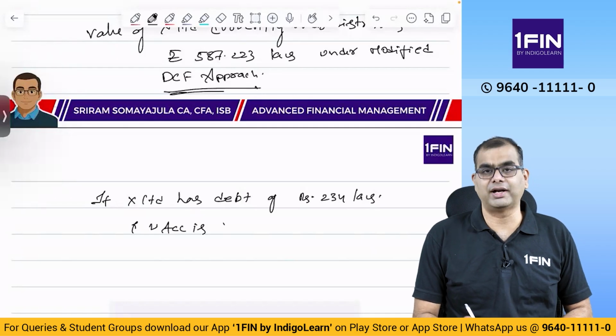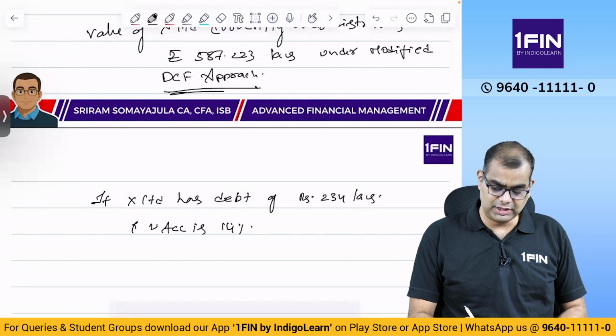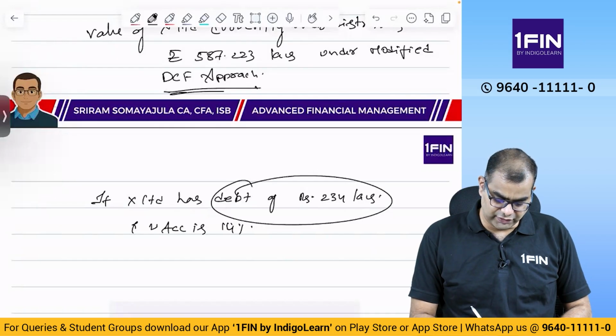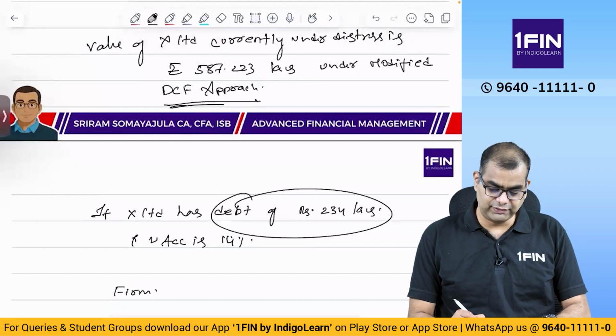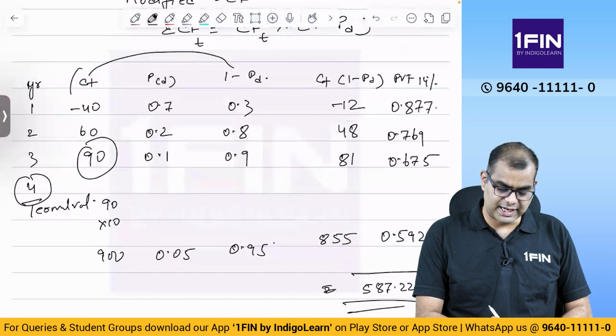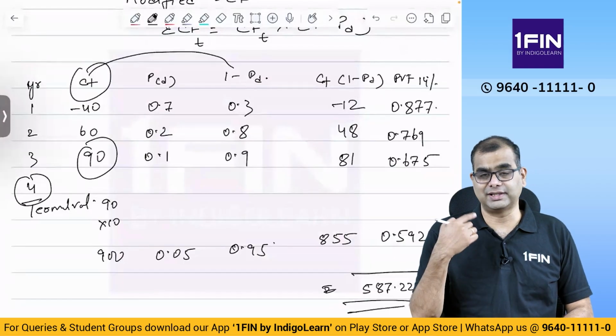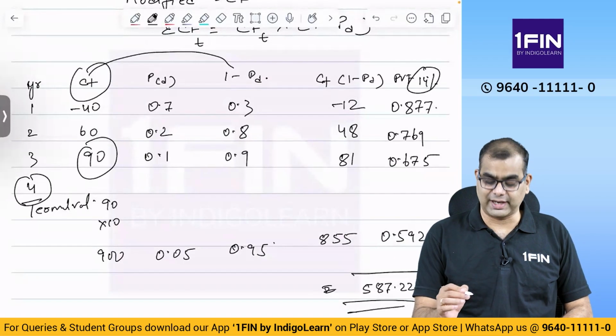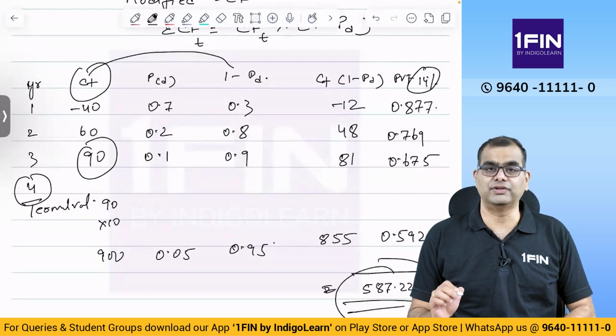I am changing only one number, that is, I am introducing a new number called debt. If there is debt, how will you value? These cash flows pertain to the whole firm, so think of it as FCFF. This discount rate is WACC. So you get the value of the firm.